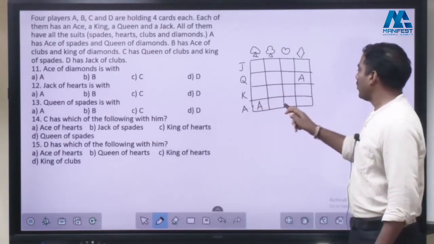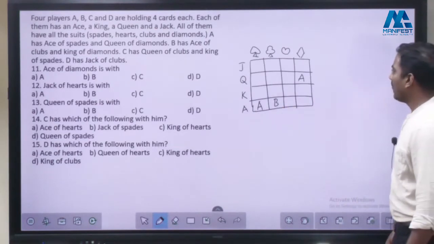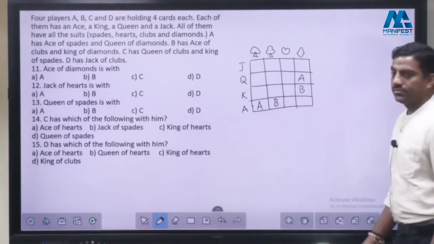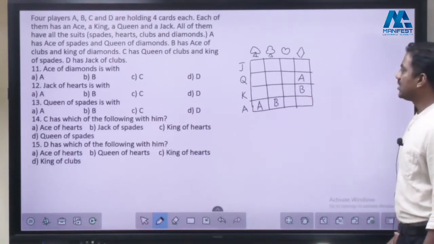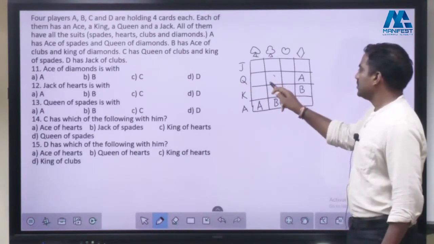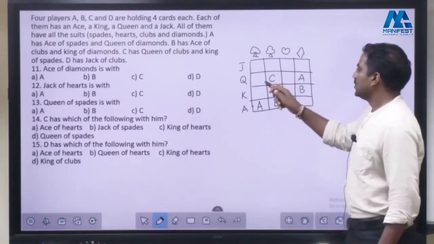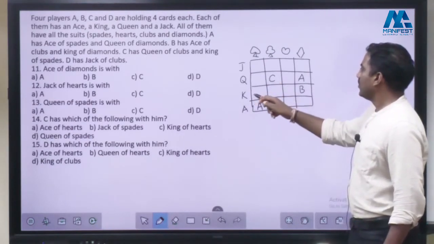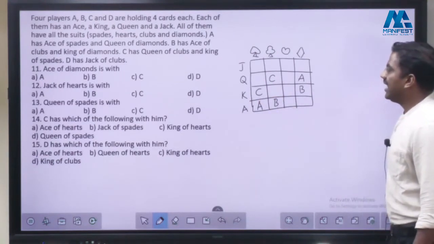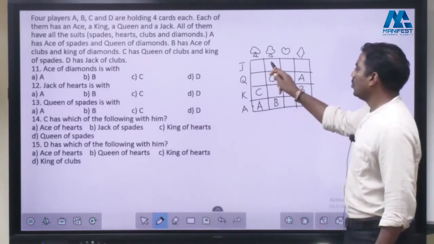Ace of clubs is possessed by B. And king of diamonds. C has queen of clubs and king of spades. King of spades. D has jack of clubs. Jack of clubs. Who?